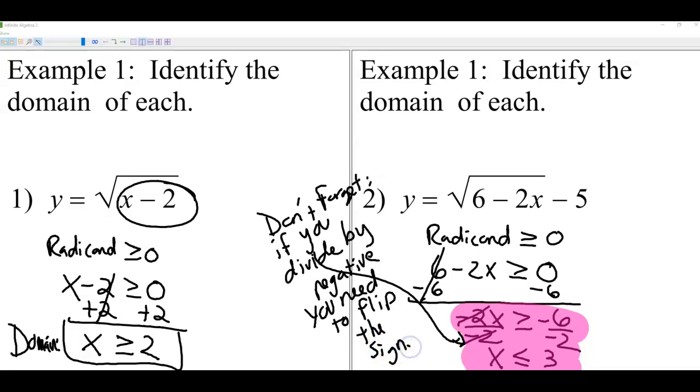You only flip if you divide by a negative. If you divide by a positive, you don't do that. So don't forget that.